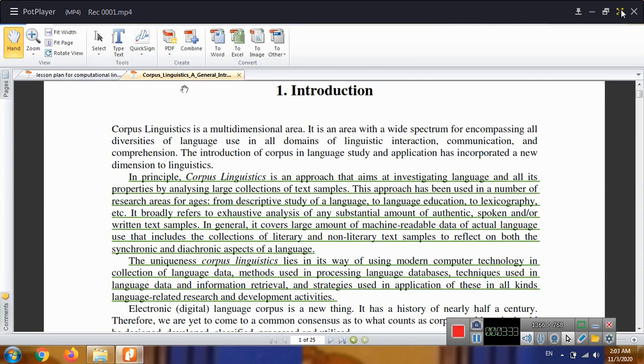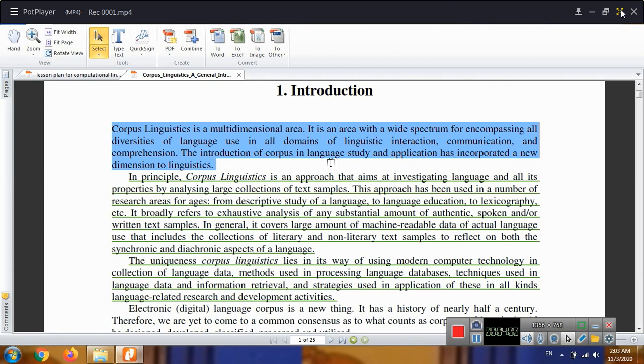Corpus Linguistics is a multidimensional area. It is an area with a wide spectrum for encompassing all diversities of language use in all domains of linguistic interaction, communication, and comprehension. The introduction of corpus in language study and application has incorporated a new dimension to linguistics.